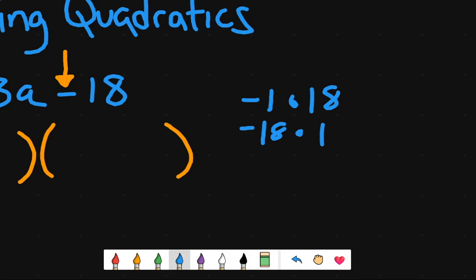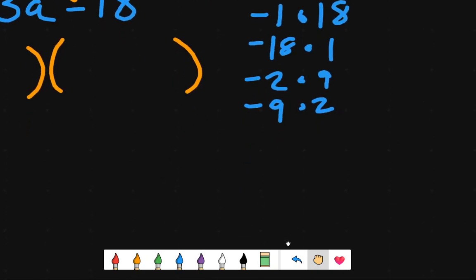We can get a negative 2 times 9, by the way, not 18. Negative 2 times 9, and we can also do a negative 9 times 2. All right, let's keep going. Then we have a negative 3 times 6, and we also have negative 6 times 3.